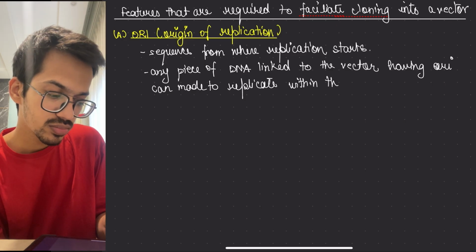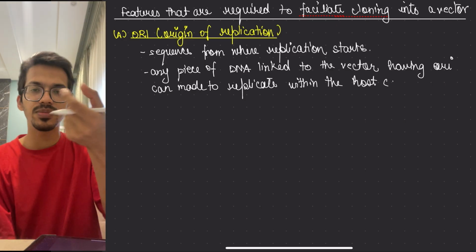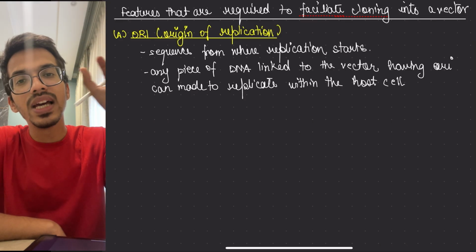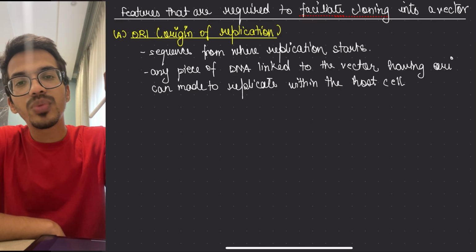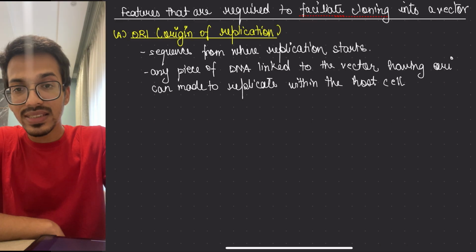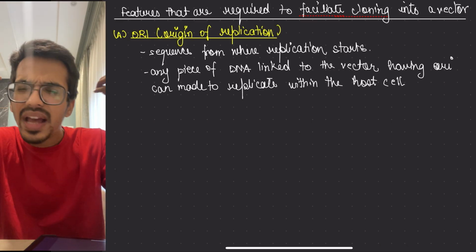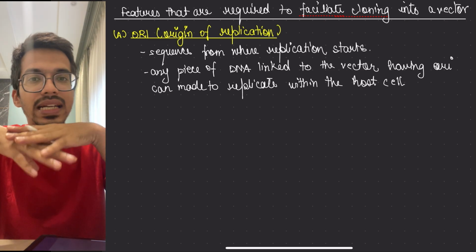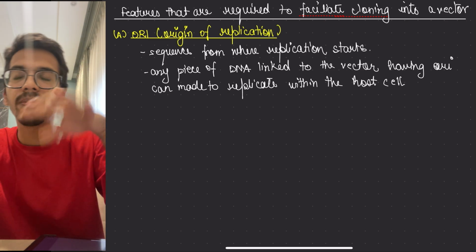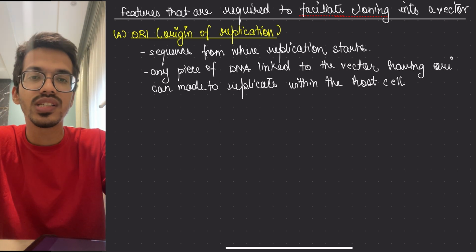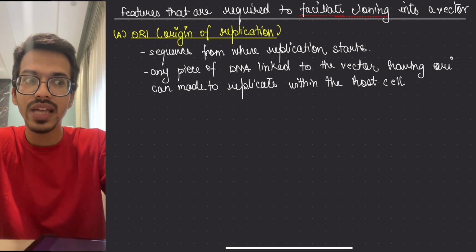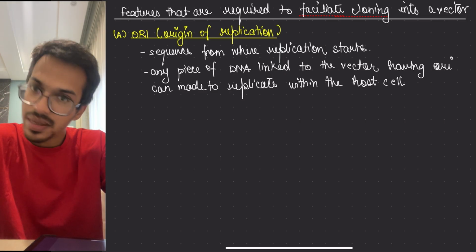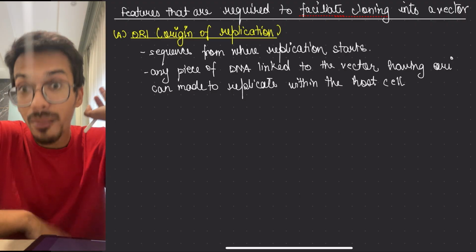Of course, because if this is present in the vector, it can replicate. So if I put PBR322 into bacterial cells, or into my cells, let's take a hypothetical example, that it is possible that I put it in my cells and all my cells have that. Now what will happen if you put me in an ampicillin or tetracycline environment? I will resist dying. Imagine that I'm a bacterium who would normally die in it.